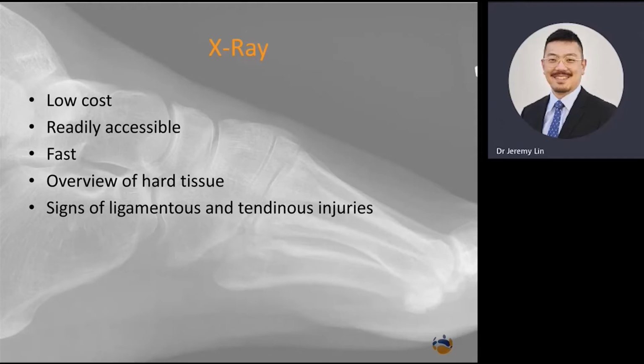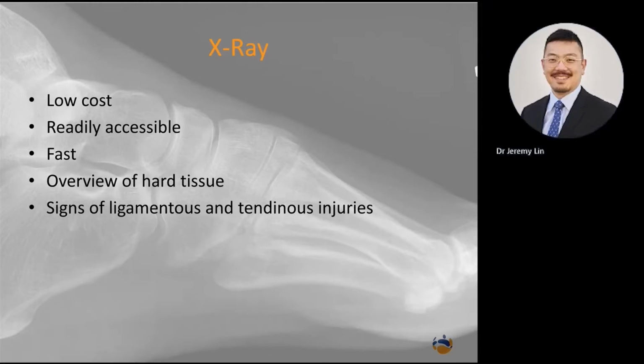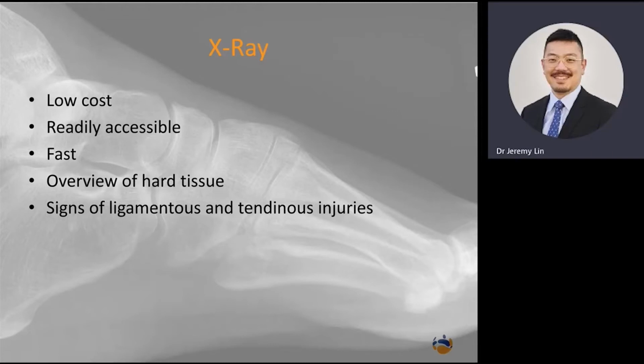It is fully rebated by Medicare in our clinics, and it gives excellent resolution of the bones, and it gives you a good overview of what is going on because you can see fractures, you can see dislocations or subluxations, and based on those findings, we can also look for signs of ligamentous and tendinous injuries that we would then need to go hunting for.